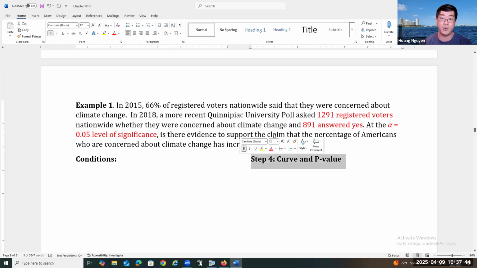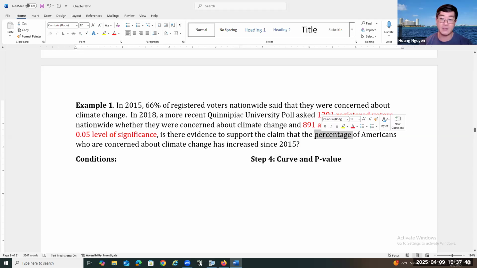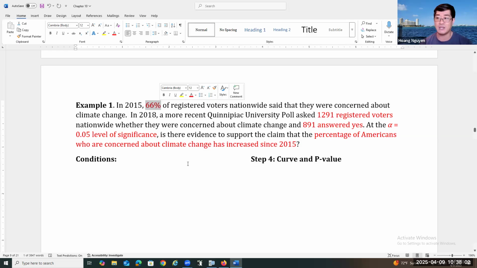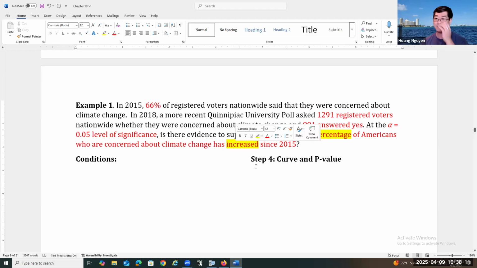The claim is that the percentage of Americans who are concerned about climate change has increased since 2015. In the year 2015, we have 66%, and this is the value that we want to test against.